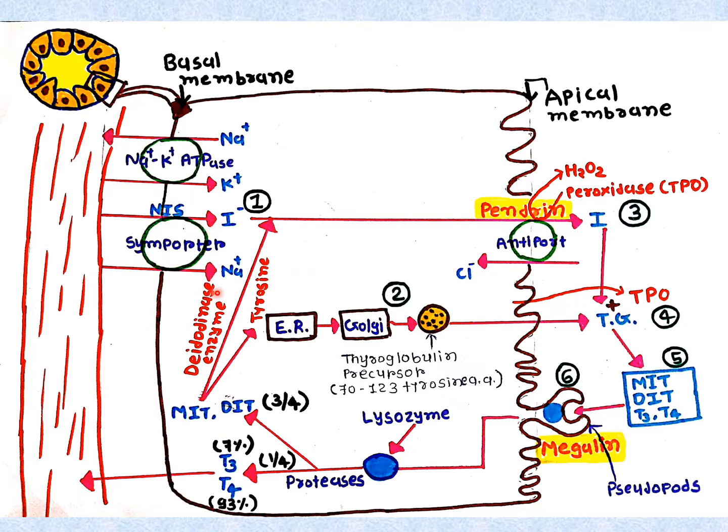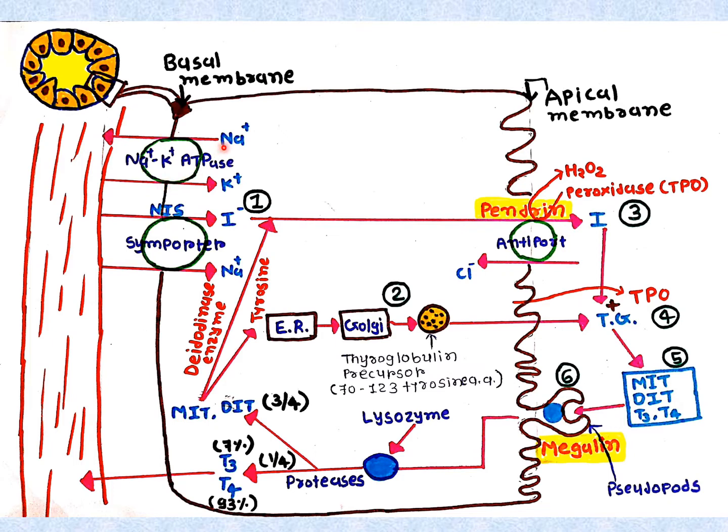Now the sodium moves down the concentration gradient and iodide against the concentration gradient. When there is a question of moving against the concentration gradient, we require energy for this pump, the NIS, and the energy is derived from the sodium potassium ATPase pump. This pump is also located on the basal membrane.